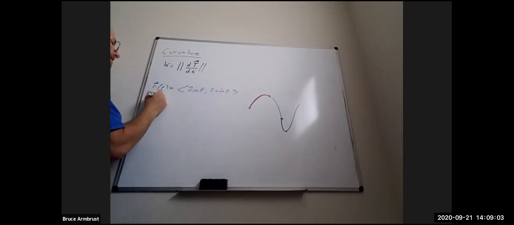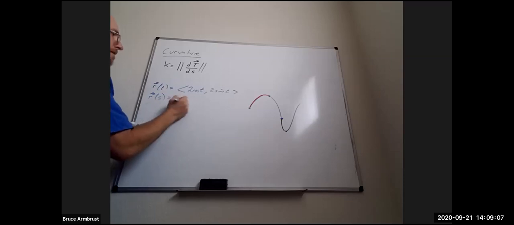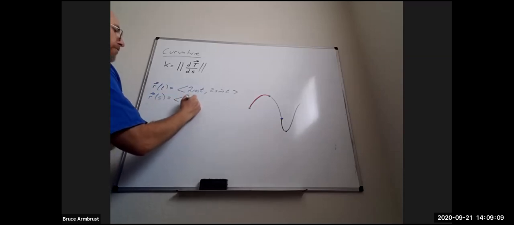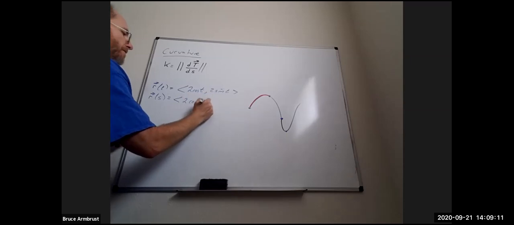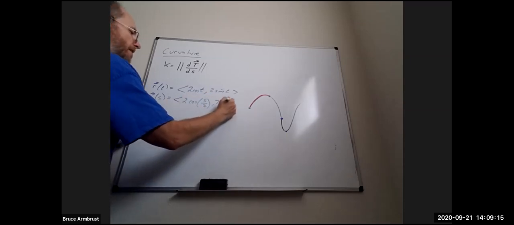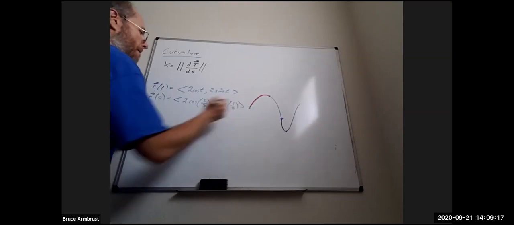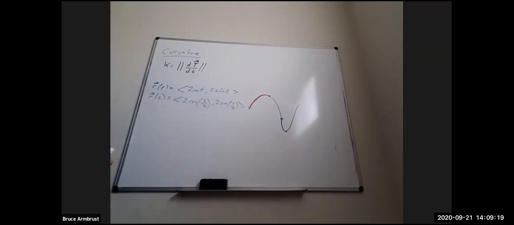When we converted it to s, R was 2 cosine s over 2, 2 sine of s over 2. And let me show you how we would get the curvature then.